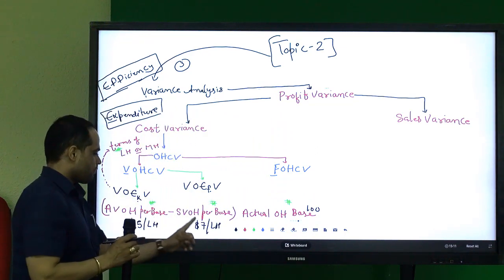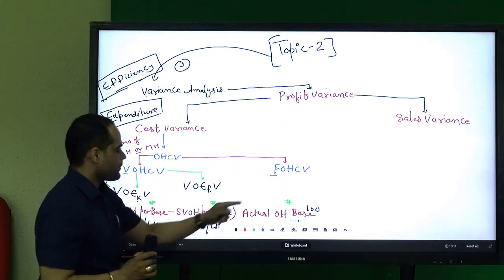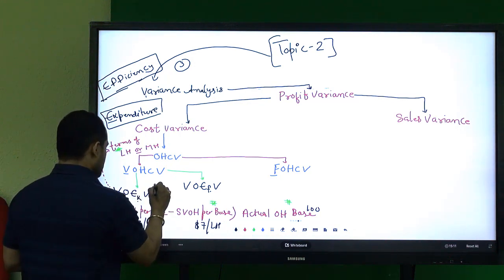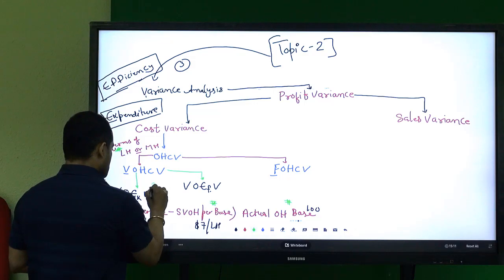So 5 minus 7 is minus 2, multiplied by 100 is 200. So variable overhead expenditure variance is 200.